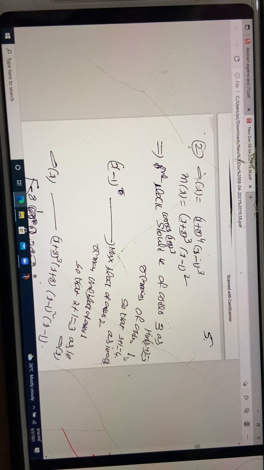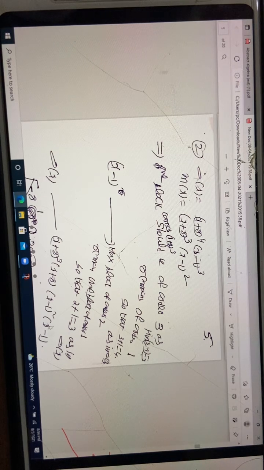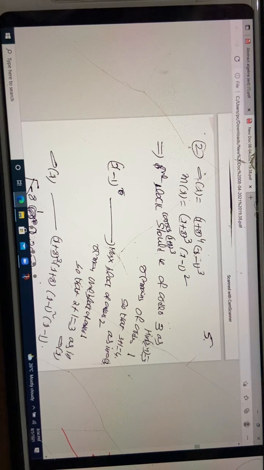But if you take 2, 3 plus 2 becomes 5, but you are having only 4. So you have to split this as (x+8) whole cube. This 3 is there, here 4 is there. So 4 minus 3 is 1. Total should be 4. So already 3 we have used, so we should have only one more block of order 1. So that 3 plus 1 becomes 4. That's how you have to split.